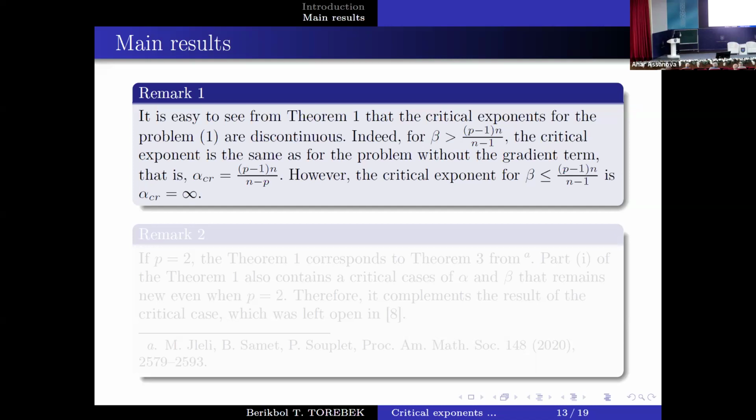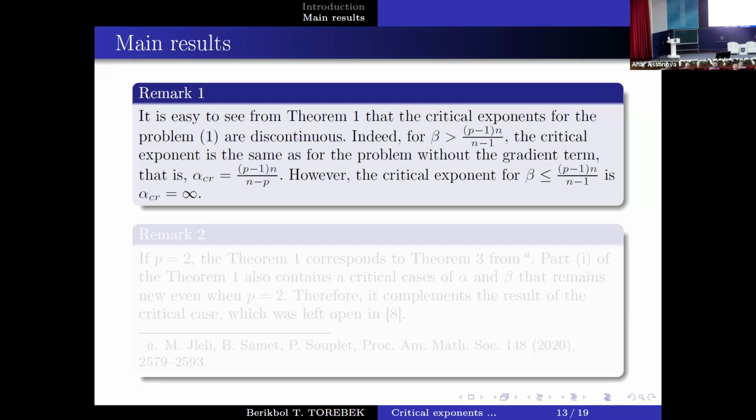Because here, if alpha satisfies this property, then T is finite. And if alpha is greater than this number, then T is infinite.